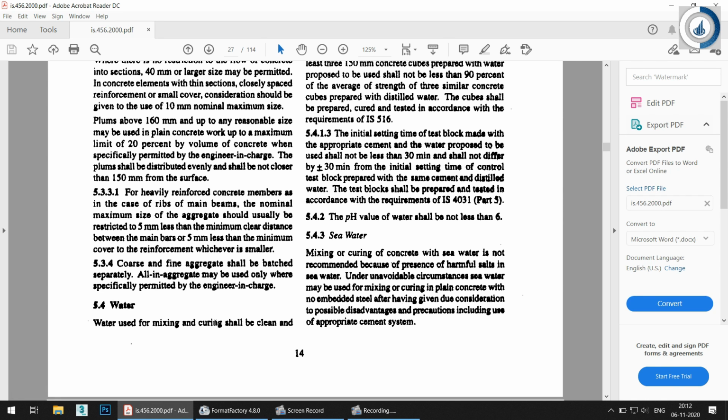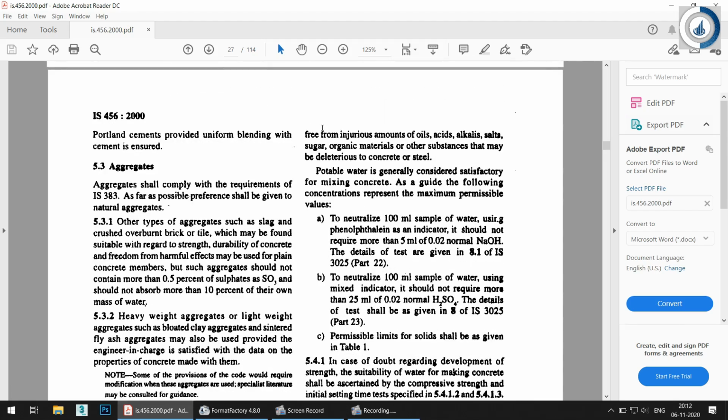Water used for mixing and curing. You know that concrete is impossible without the mixture of water, so it is a very important ingredient, and a lot of care should be taken when you want to produce quality concrete. Water used for mixing and curing shall be clean and free from injurious amounts of oils, acids, alkalis, salts, sugar, organic materials, or any other substances that may be deleterious to the concrete or steel.